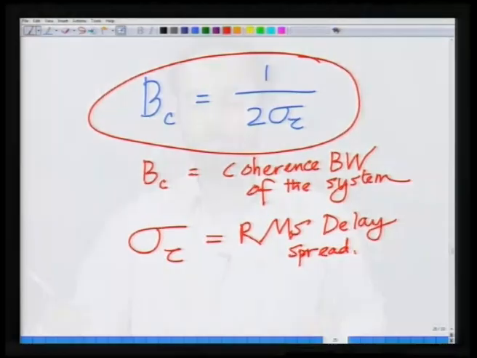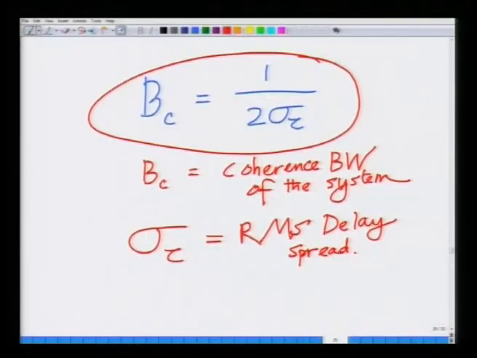And even though this is an approximate relation, this has been found to be true in practice in 3G, 4G and also 2G wireless communication scenarios for a great degree of accuracy, and this can be used as a rule of thumb.